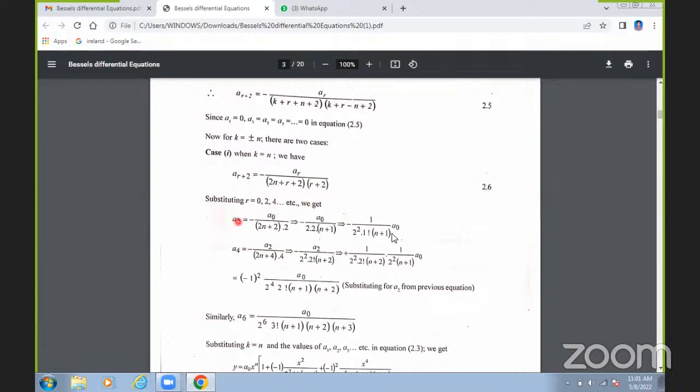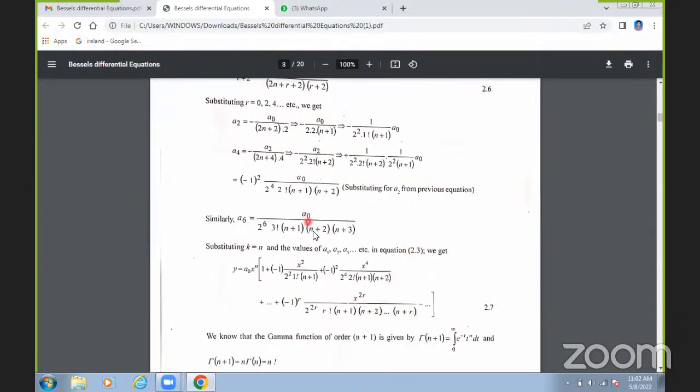So from that we can get the value of a2 as this one, and a4 as this one, and similarly we can find out the value of a6 as this one, that is a0 by 2 to the power of 6, 3 factorial into (n plus 1) into (n plus 2) and (n plus 3). So therefore, by substituting the value of k is equal to n, we have written only the even multiples, by taking these a2, a4, a6 values we have got.